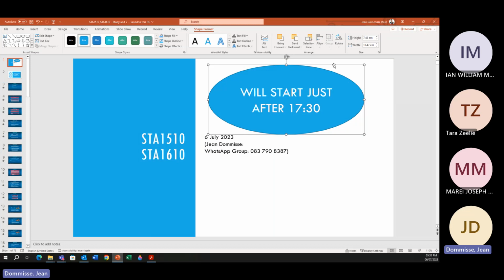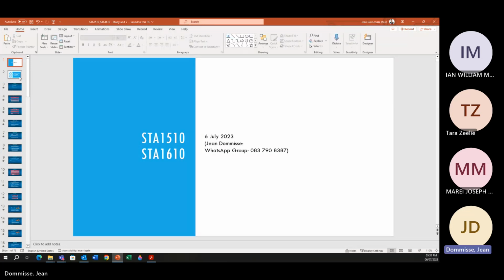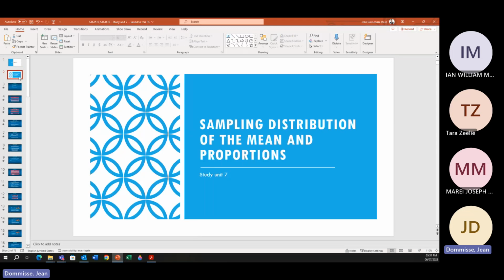Okay, cool. So let's start tonight with study unit 7. We will focus on looking at the sampling distribution of the mean and proportions. With study unit 7, a lot of the things that we have done in study unit 6 we will nearly carry over to this unit.